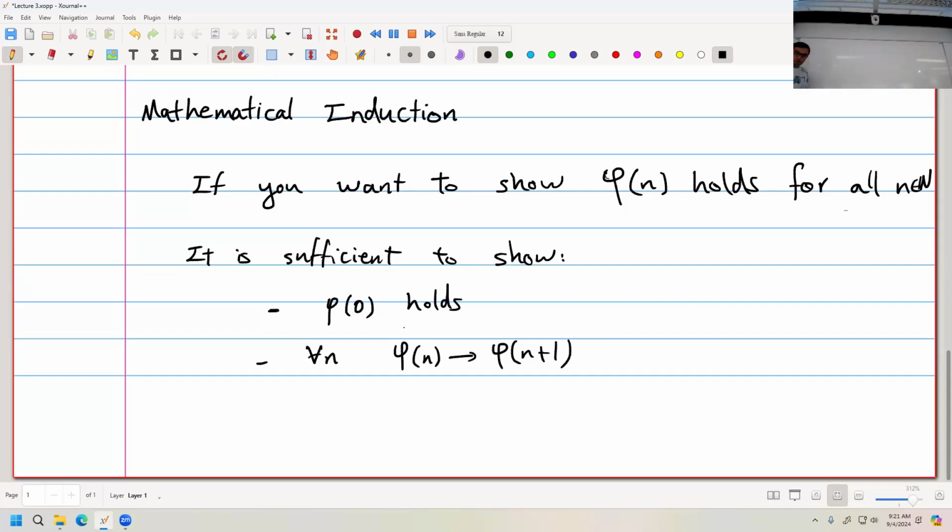Now, to be honest, it's a little bit strange that in Peano's axioms, we're starting our natural numbers with 0. We can also start our natural numbers with 1, right? And if I do that, then the only thing that changes here is that I have to show that phi of 1 holds, and then for every natural number greater than or equal to 1, if phi of n holds, then phi of n plus 1 holds, right?